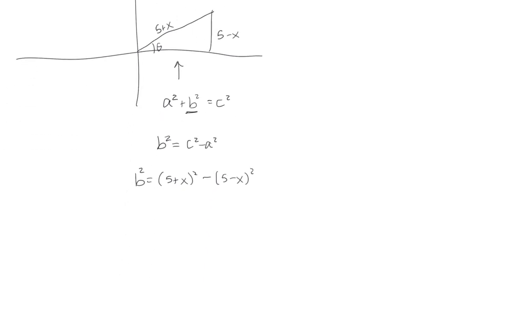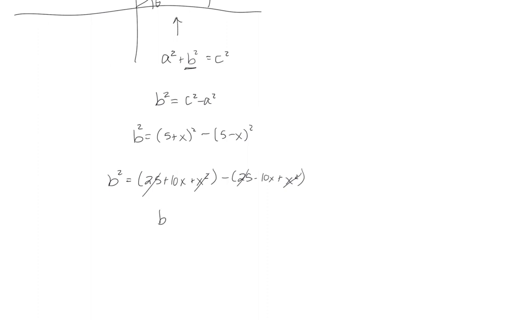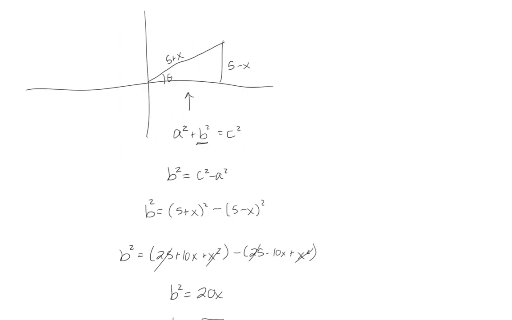Going out and foiling all that is going to give us b squared is equal to 25 plus 10x plus x squared minus 25 plus 10x minus x squared. The x squareds are going to go away, 25s are going to go away, to give b squared is equal to 20x, or just b is equal to square root of 20x.